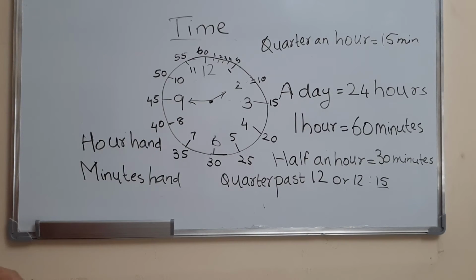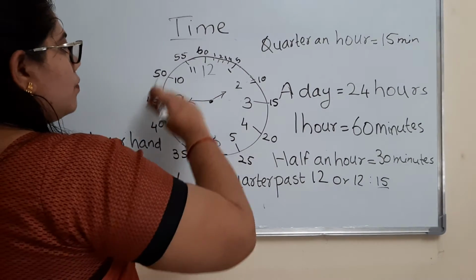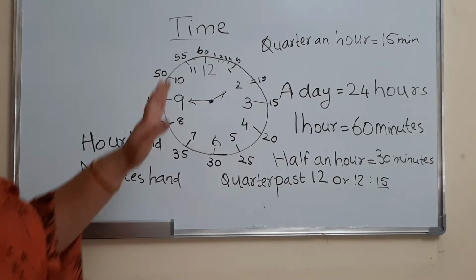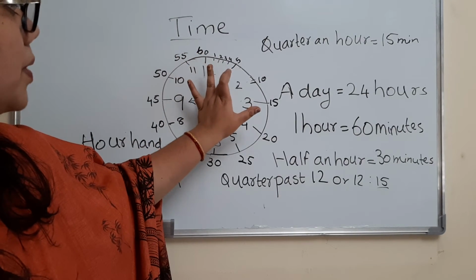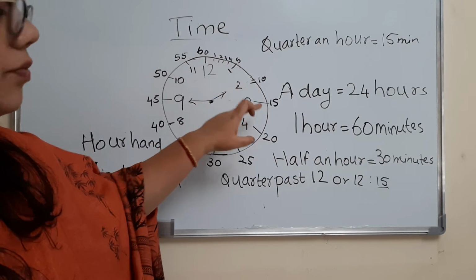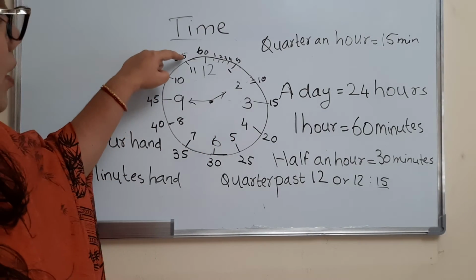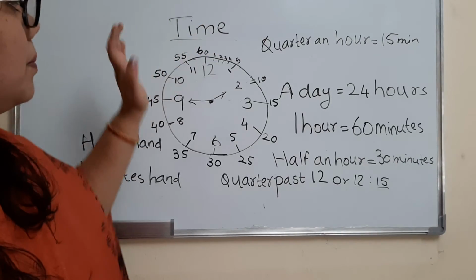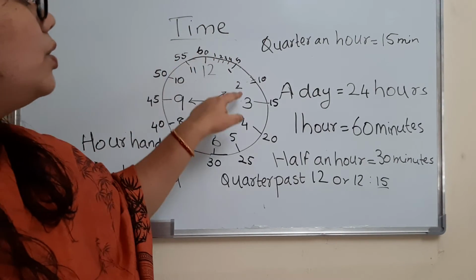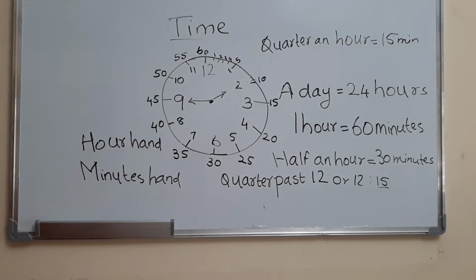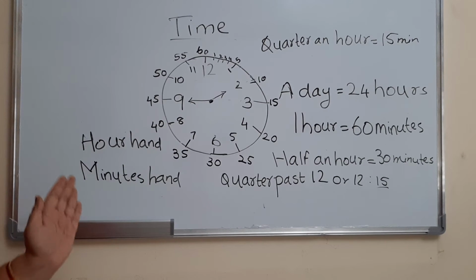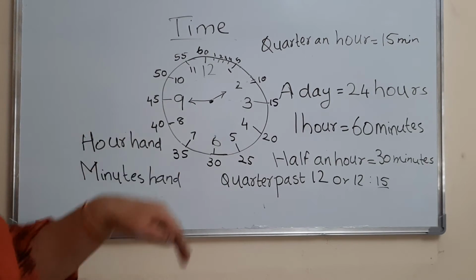So it is close to 2, and the minute hand is pointing to 9. What is this time? See here, from here to here, 5, 10, 15, we told. Similarly from here to here, 5, then 10, 15. So 15 minutes are left to become 2 o'clock, because it doesn't become 2 yet, right?